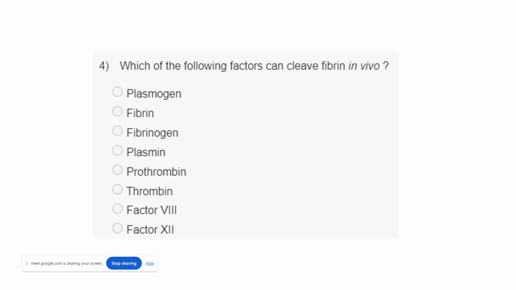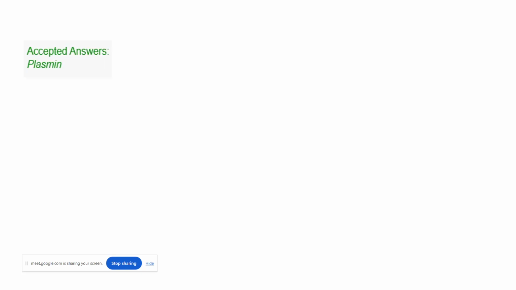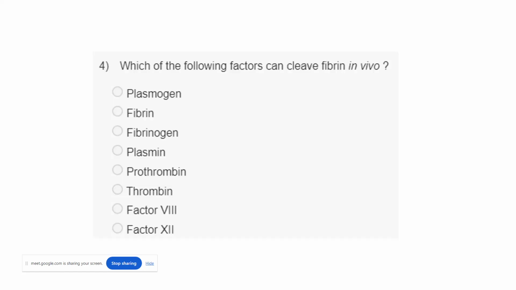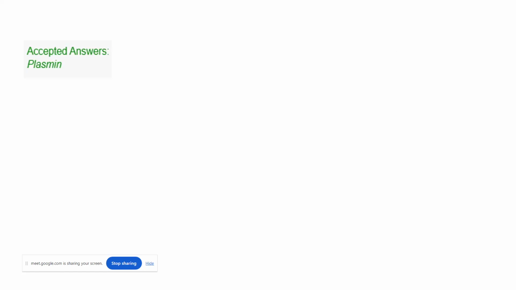Anybody else would like to answer? Yes, plasmin is the correct answer. Out of all these options, only plasmin can cleave fibrin in vivo.